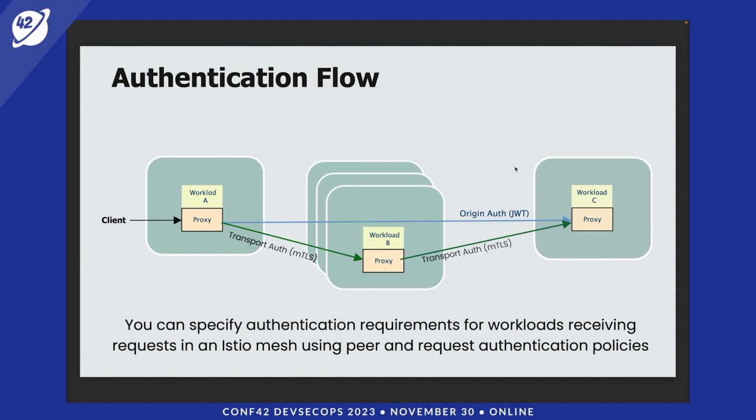For example, you want mTLS for workload A, workload B can accept plain text traffic and also mTLS, and workload C only accepts mTLS. So you can have different authentication policies for each of your workloads. And yeah, this is how your request flows within your service mesh.